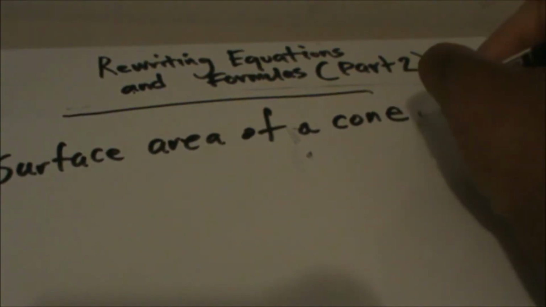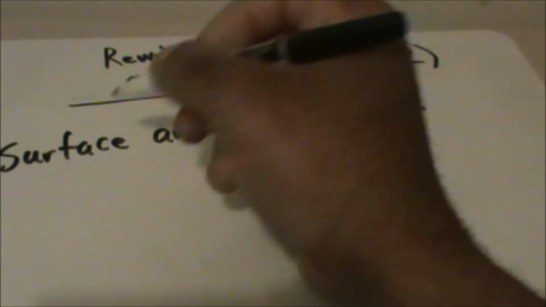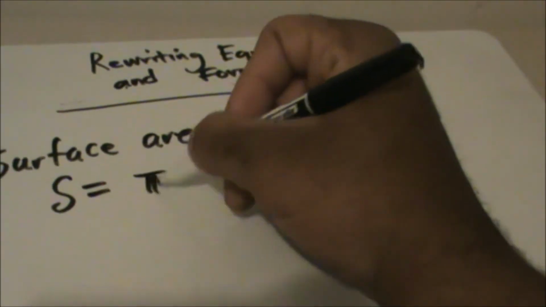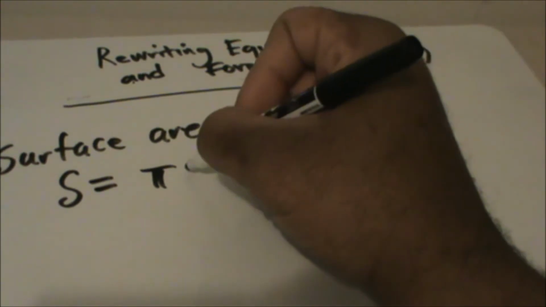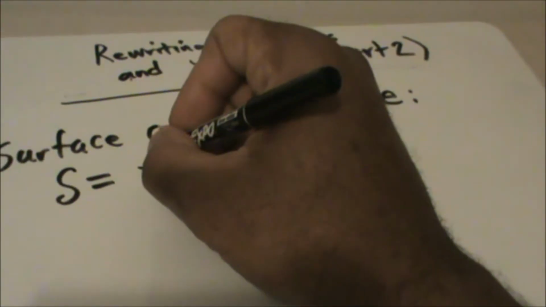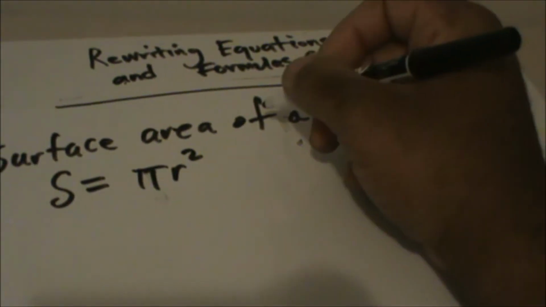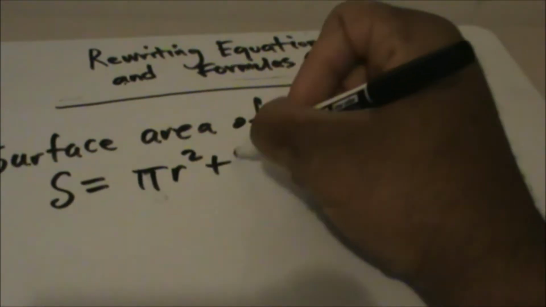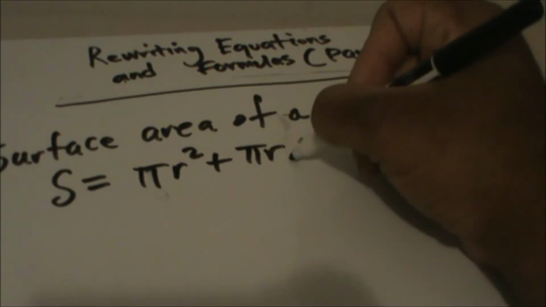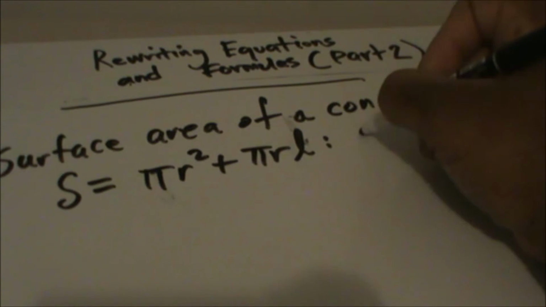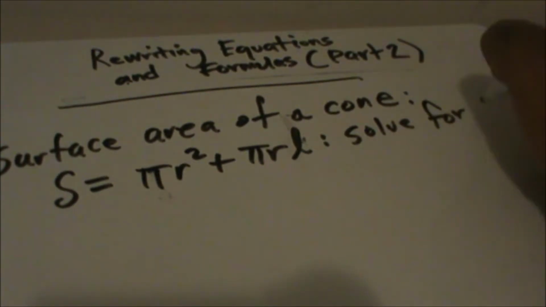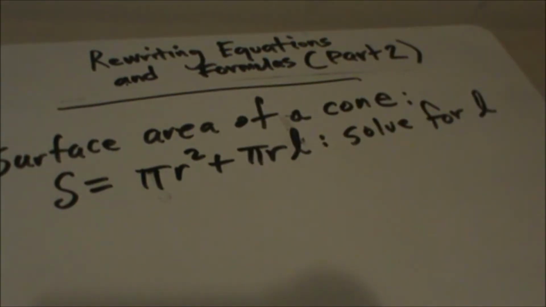Okay, and the formula is S equals pi r squared plus pi r L. All right, let me write this. And then it says solve for L. So we have to get L by itself.